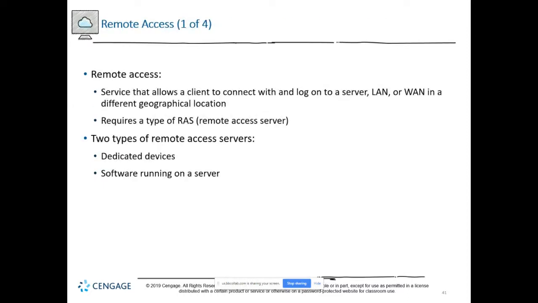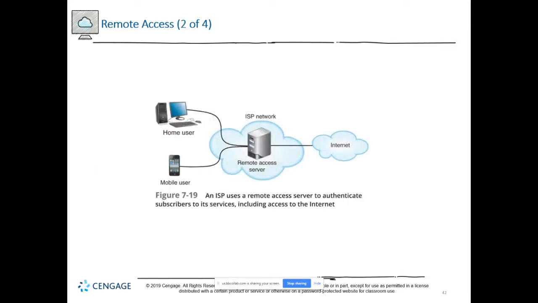And then they talk about remote access. So you could have dedicated devices or software running on a server, and they have these remote access servers that allow us to connect. So you have a home user or mobile user needing to connect, and it connects to the remote access server.